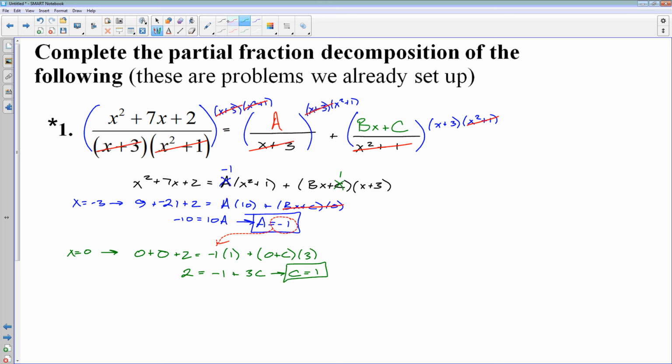So what I'm going to do is just pick a random number and see what happens. I've plugged in 0 and -3, so those are off the table. Let's just plug in 1 and see what happens.